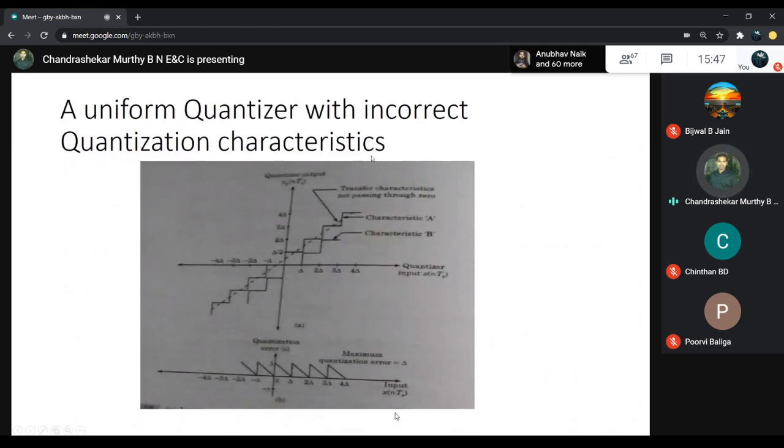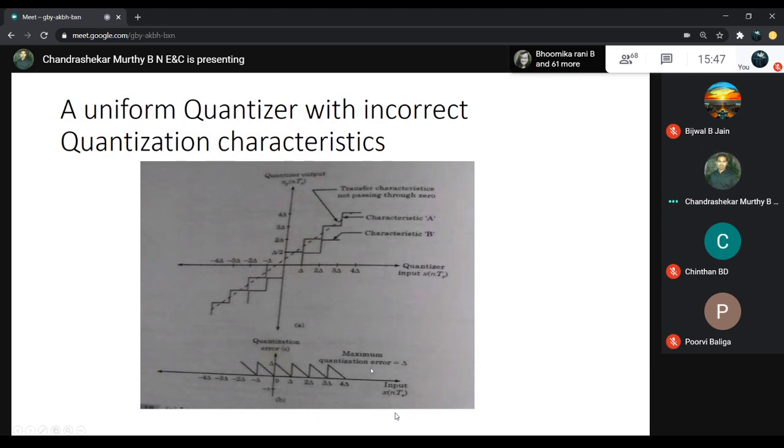And this is the incorrect characteristics. The dotted line always lies at the midpoint 0. Otherwise an error will occur. Both characteristic A and characteristic B are incorrect quantization characteristics. Due to that, the quantization error will be more here.